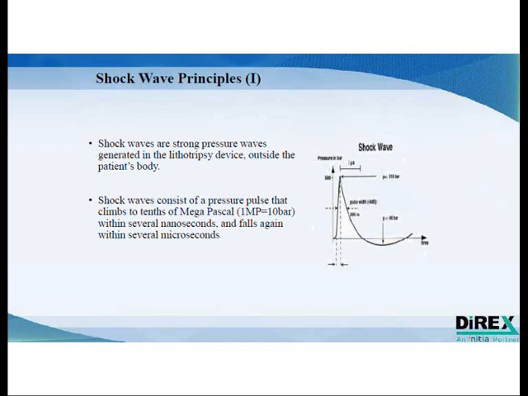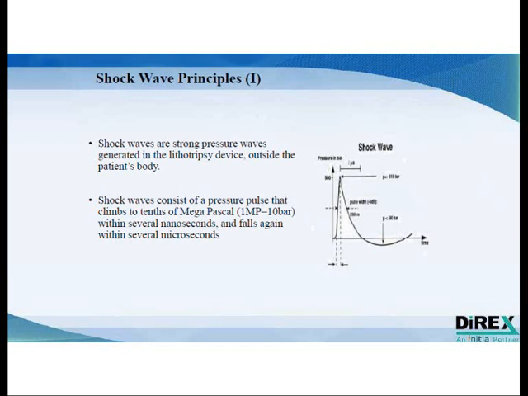What is a shockwave? A shockwave is a very strong and very fast buildup of energy, usually discharged by a large capacitor. The characteristic of the shockwave, which is a pressure wave, is a rise time, a buildup of pressure, in the order of nanoseconds, and then a fall time that lasts a few microseconds.